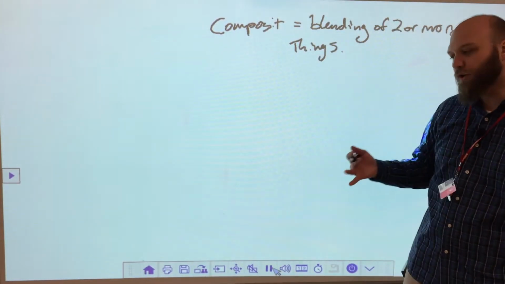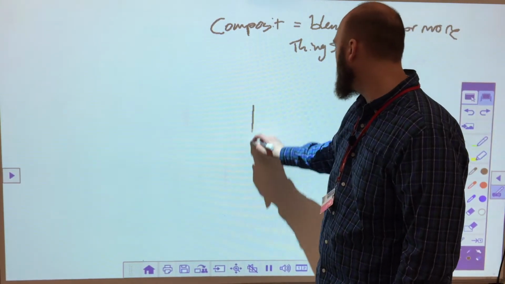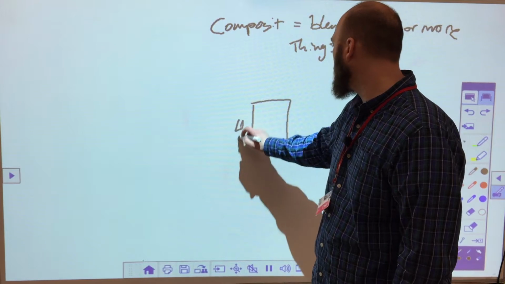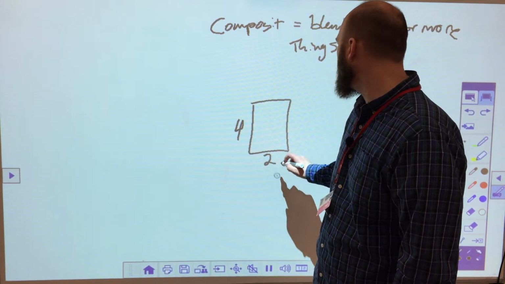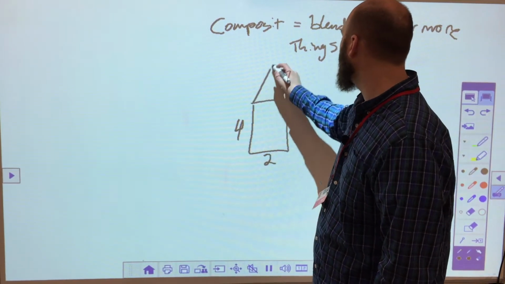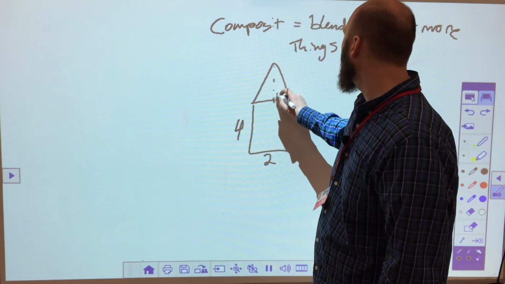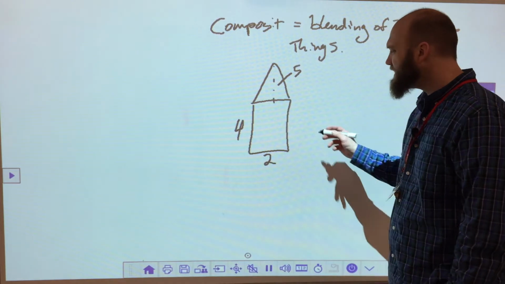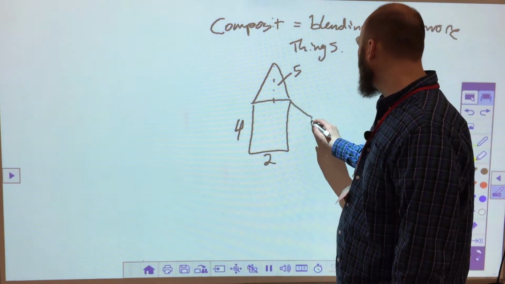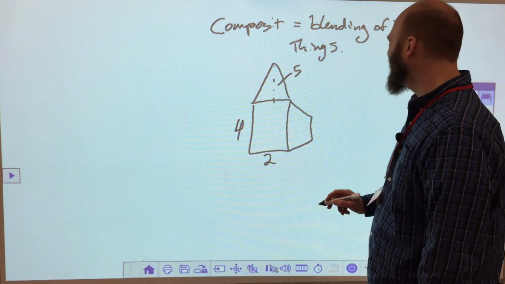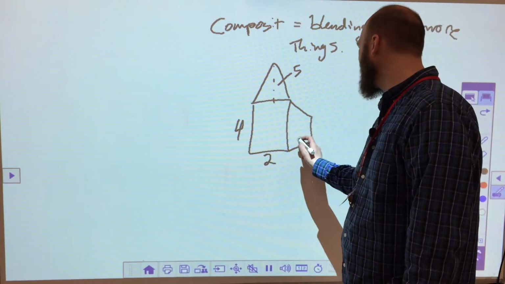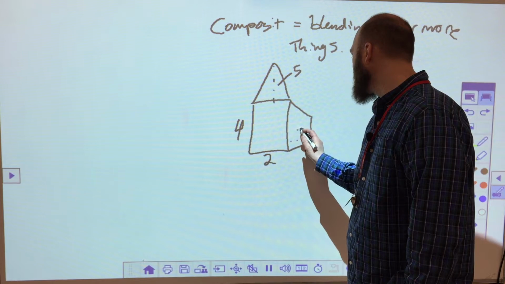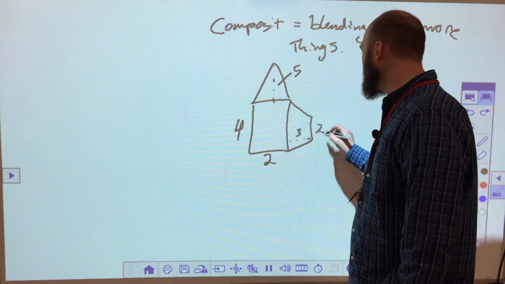objects. So, for example, if I had something that was a rectangle that had a height of 4 and a width of 2, and off of that rectangle I had a triangle, and that triangle had a height of 5, and then off of that I'm going to build myself a nice little trapezoid here just to make it interesting, and I'm going to give that a height of 3 and a height over here of 2.